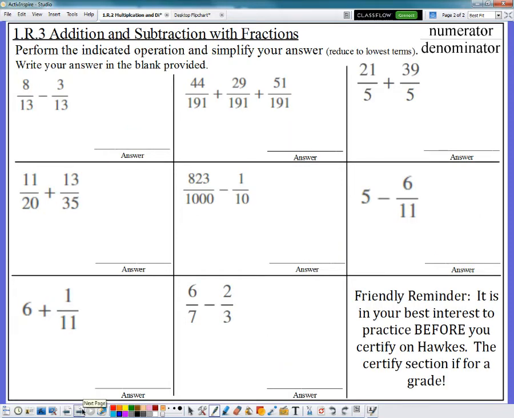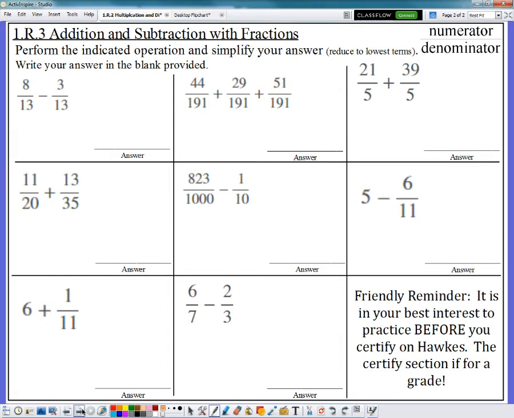All right, and now we're going to move on to lesson 1R.2, addition and subtraction with fractions. So back when you learned this, probably when you were in school, they talked a lot about common denominators. When you add and subtract fractions, you do need a common denominator if you are doing it by hand.